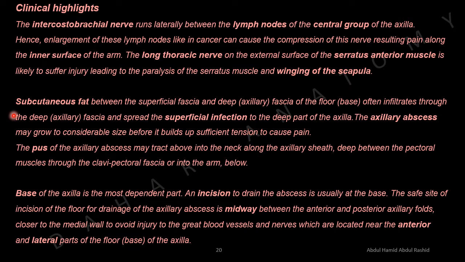The axillary abscess may grow to considerable size before it builds up sufficient tension to cause pain. The pus of the axillary abscess may track above into the neck along the axillary sheath, may pass deep between the pectoral muscles through the clavipectoral fascia, or into the arm below.